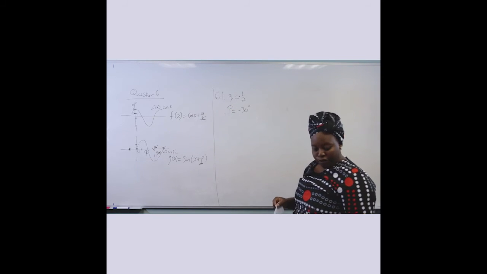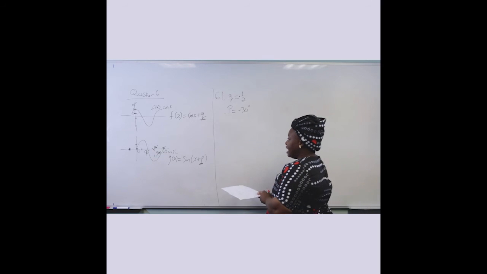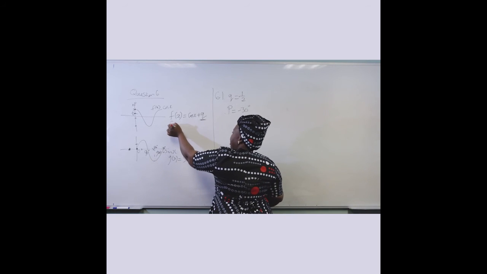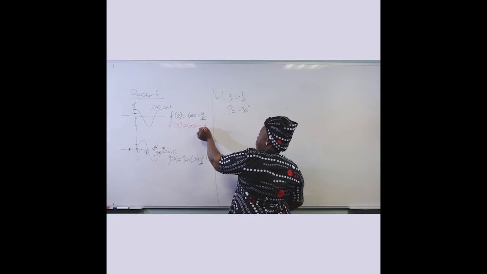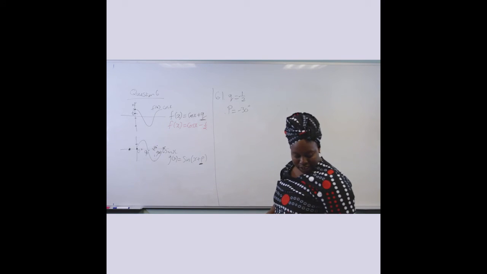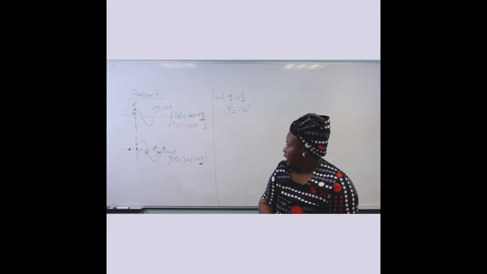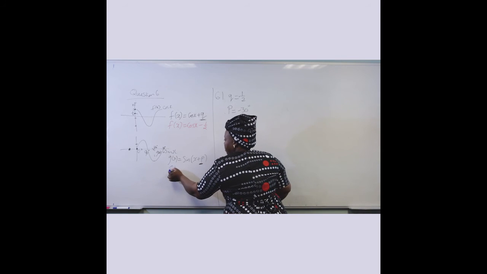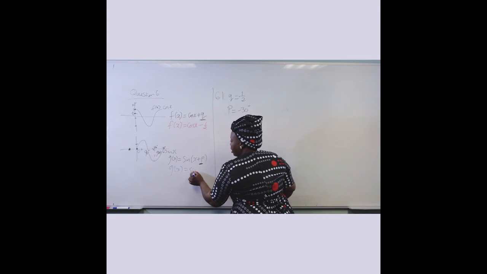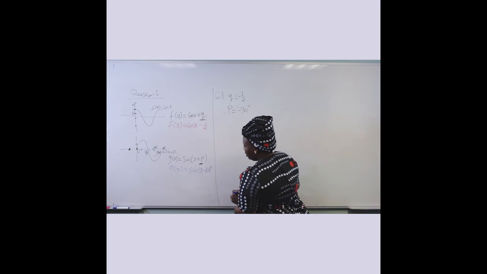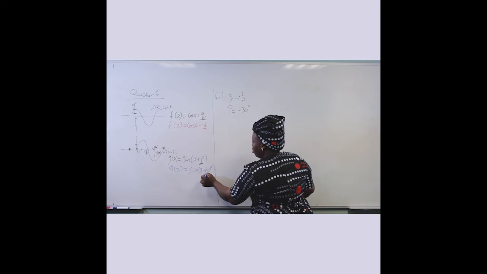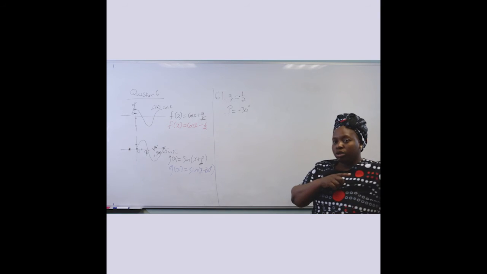So in terms of your equation, you are going to rewrite it in a different manner: this is f of x equals cos x minus a half. And the other one for sine, g of x equals sine of x minus 30. No, plus 30 because it's going to the left.